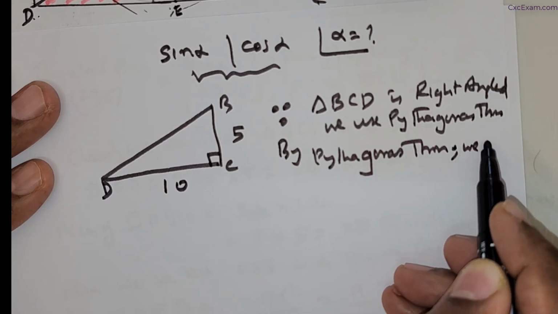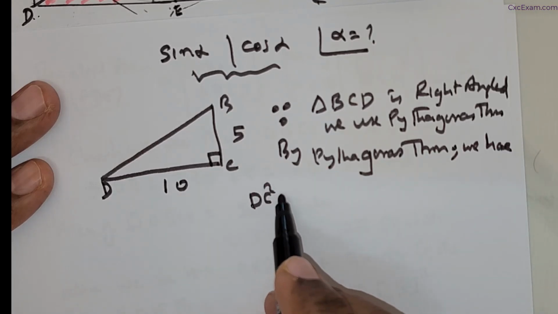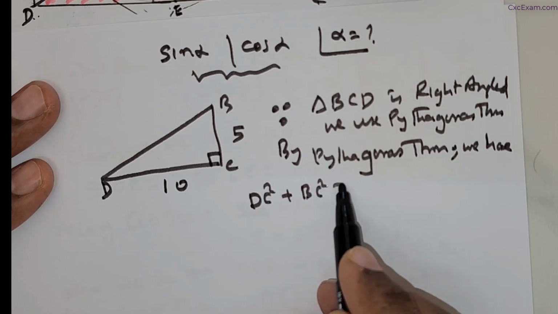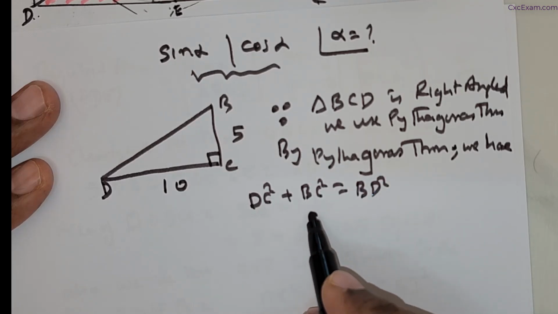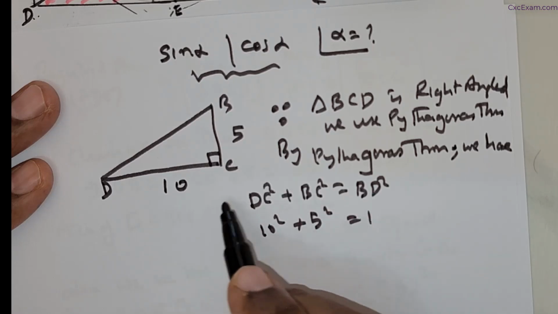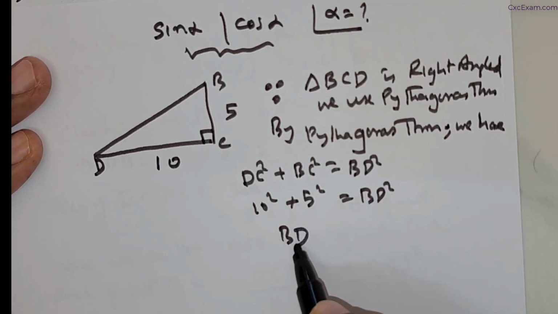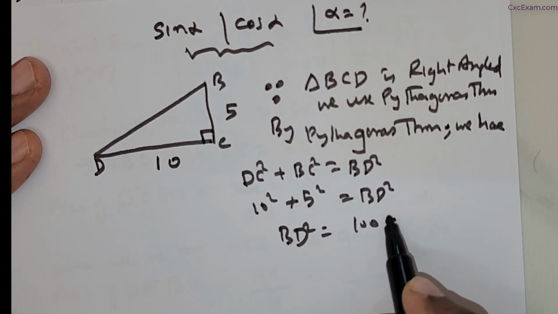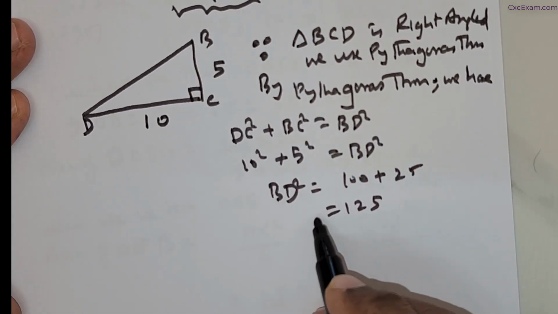So by Pythagoras theorem, what do we have? We got DC squared plus BC squared is equal to BD squared. So BC squared is 5 squared, DC squared is 10 squared, and we need BD squared. Therefore BD squared is equal to 100 plus 25, this is going to be 125.